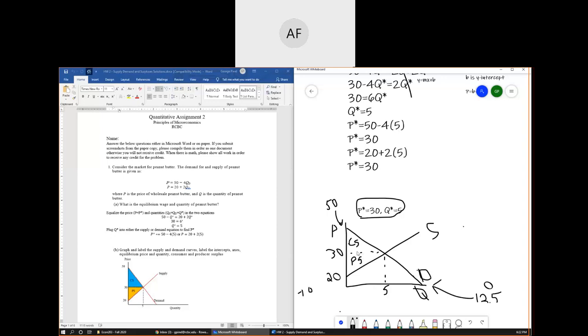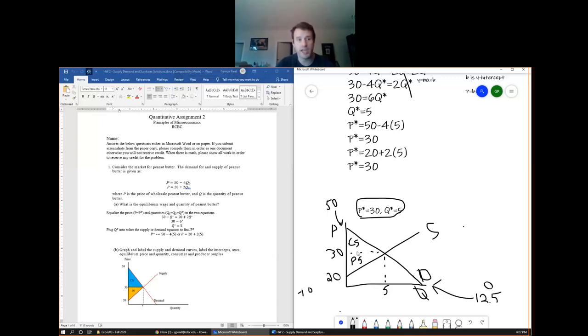The definition of consumer surplus for an individual is the difference between their willingness to pay and the price they pay. So imagine you bought some ice cream, and before you entered the store, you're like, I really want this ice cream, I'd be willing to pay $10 for it. You go into the store and they sell it to you for $6. You're like, awesome.